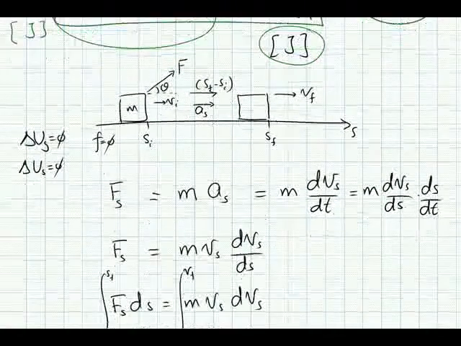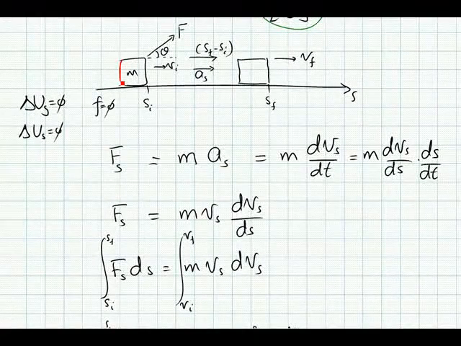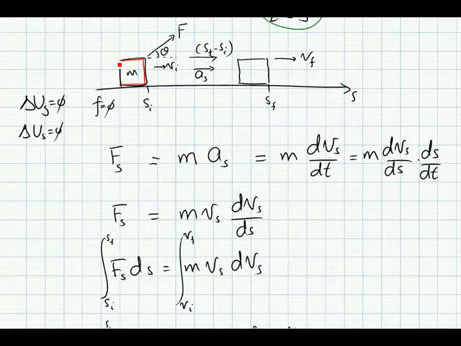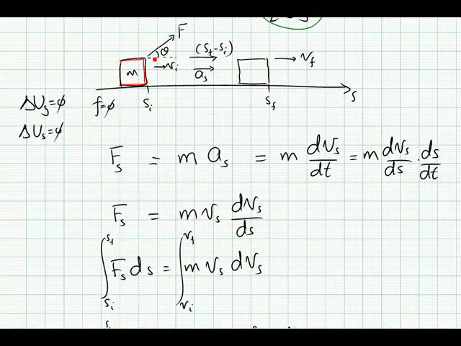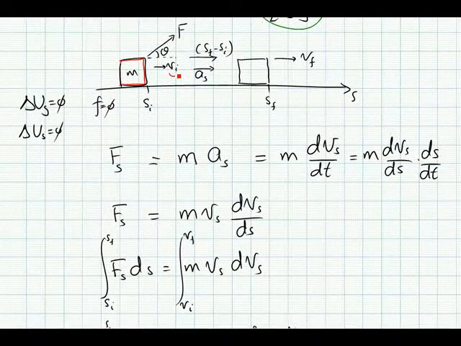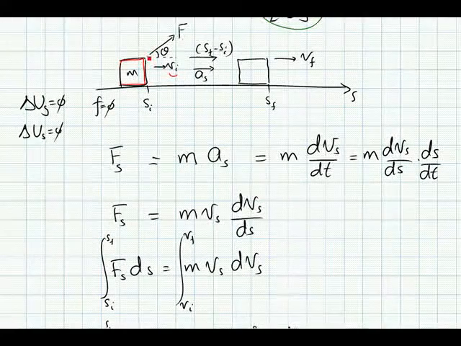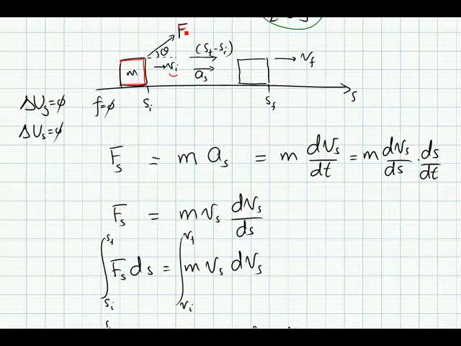Let us consider this scenario. Let me switch my pen. We have mass m, which has an initial velocity vi, as a result of a force F which is acting on it.